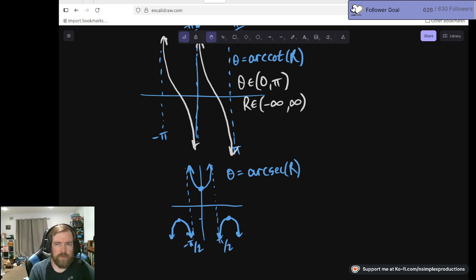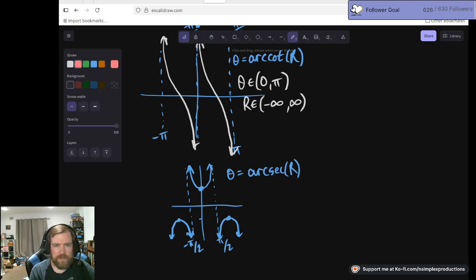Now we've got a bit of a problem with our secant in that this is no longer one-to-one in these places. So what we have to do is say, okay, we're going to eliminate all the duplicate stuff. Let's keep the stuff in the first quadrant, dump the stuff from the negative part. And in fact, since we just created a gap here, let's just dump all the negative stuff.